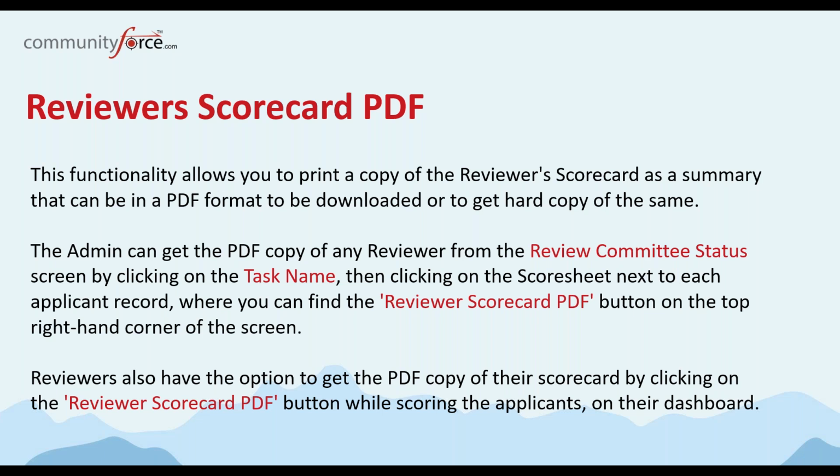When you look at the scorecard, which I'm going to show you in a minute, you can get a PDF summary of that scorecard. I'll show you how to look at the scores, as well as how to get the PDF of the reviewer so that you can have a copy of that individual reviewer and how they scored on every single one of the questions in the task that you gave them.